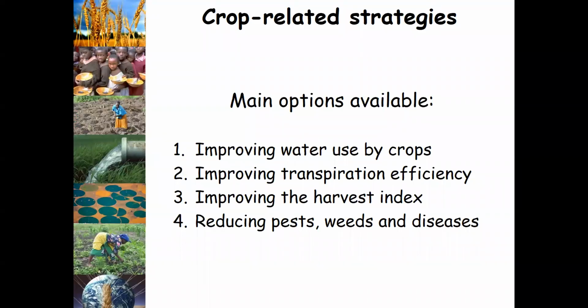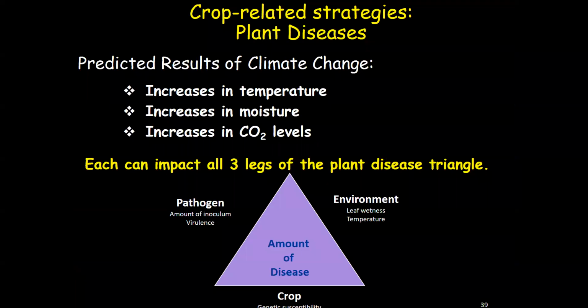Well, just briefly, some of the crop-related strategies, the options that we have: we can improve water use, we can improve transpiration efficiency of crops, the harvest index, and we can also reduce pests, weeds, and diseases.